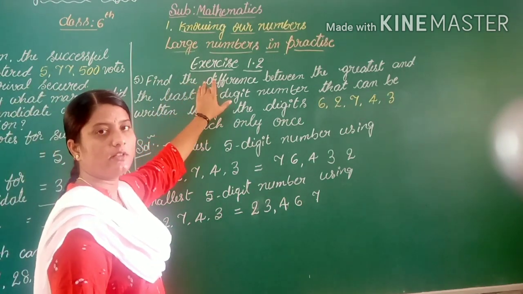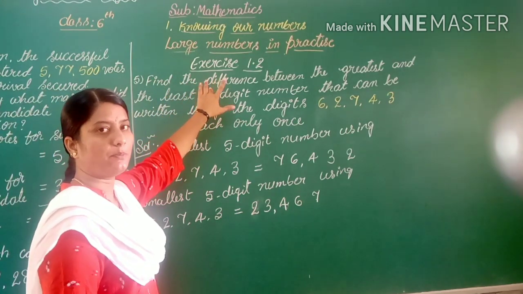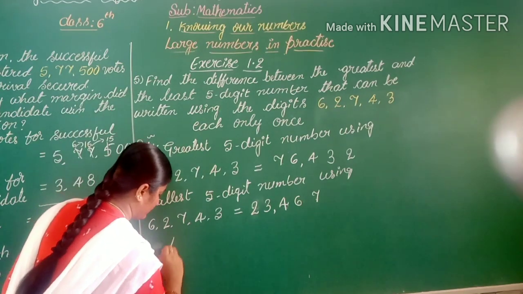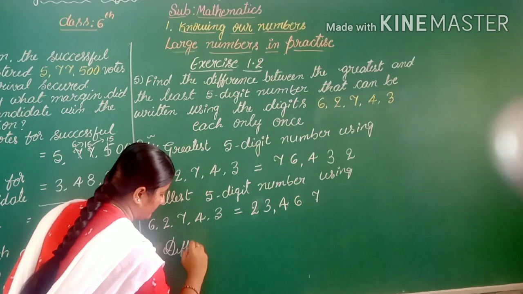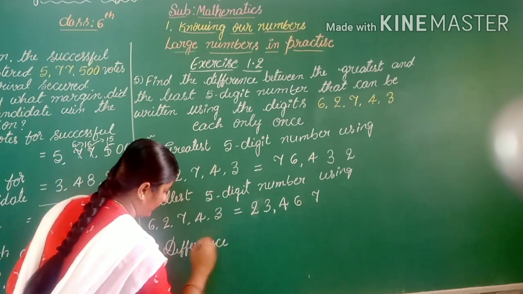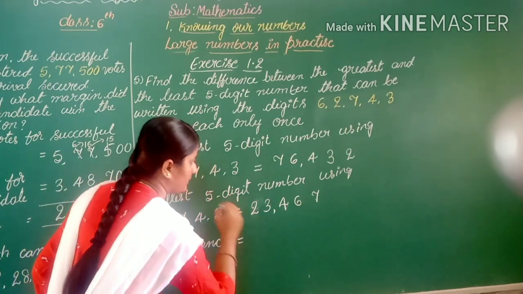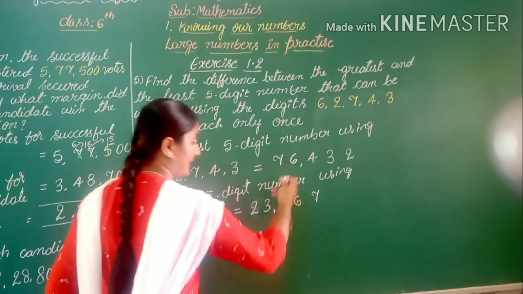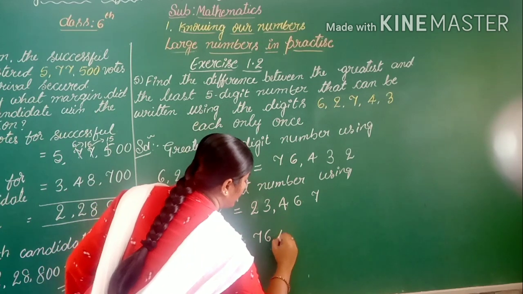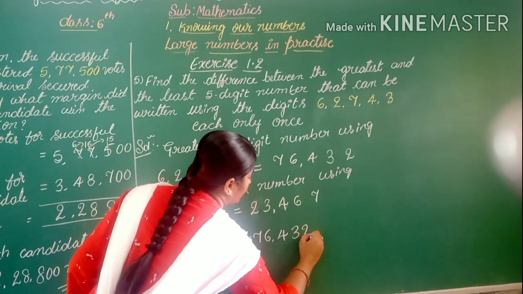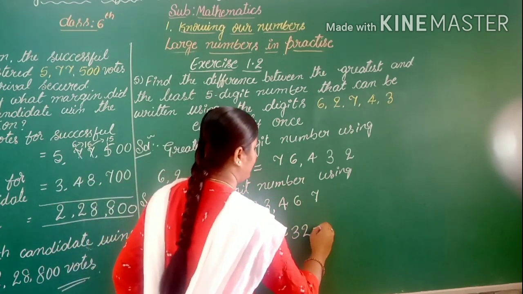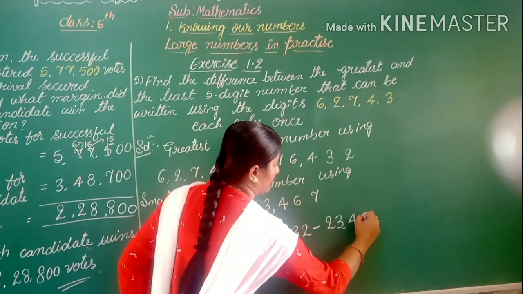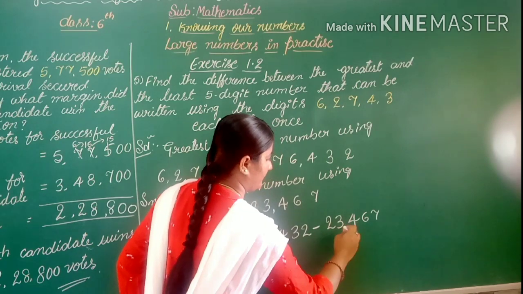So here we have to find the difference. Difference means we have to do the subtraction. Here the difference is equals to 76,432, the greatest number, minus 23,467.